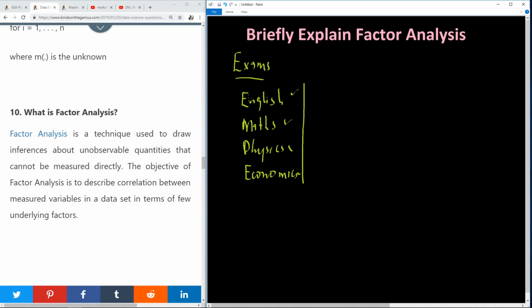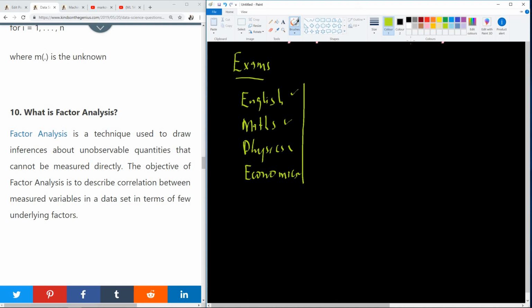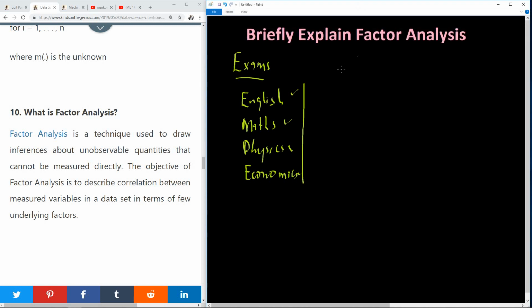Are we saying that those 2 factors are maybe 2 of these subjects? No, these are 2 unobservable factors. So let's call those 2 factors F1 and F2. And for demonstration purposes, let these subjects be Y1, Y2, Y3, Y4. So these 2 factors, what are they?